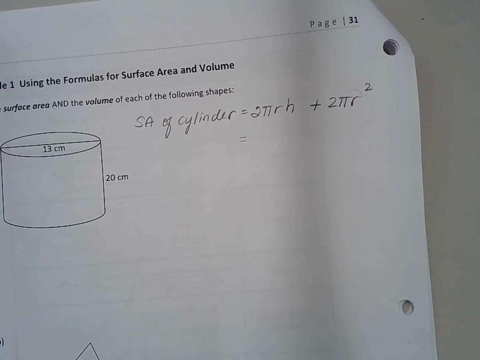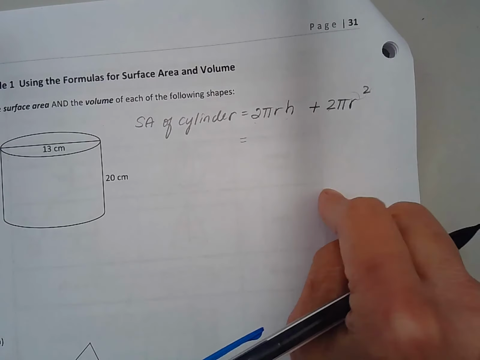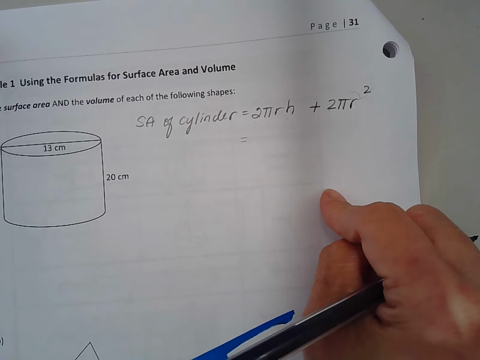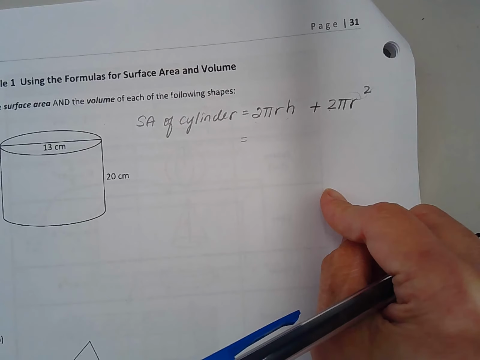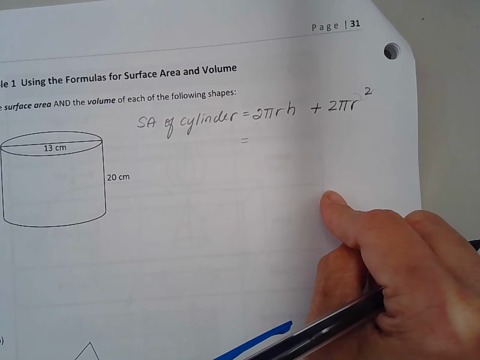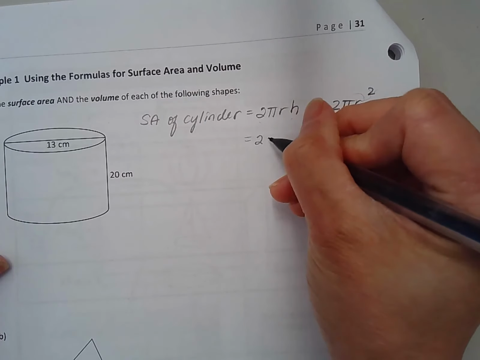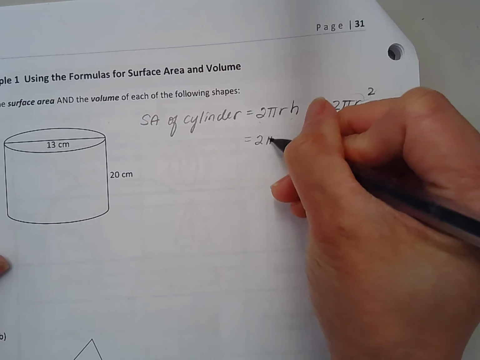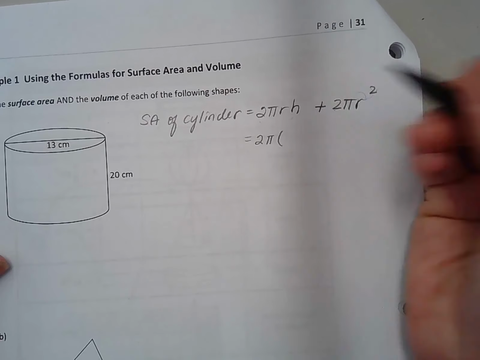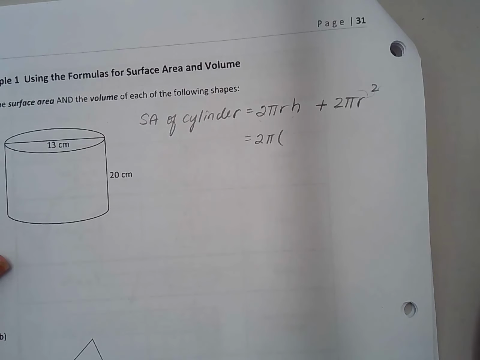Now the next thing that we're gonna do is to substitute the values in, because 1 mark, just to let you know, 1 mark for properly substituting the values in. And I know you can do that. So 2 times pi times R. I gotta figure out the R. What's the value for R?